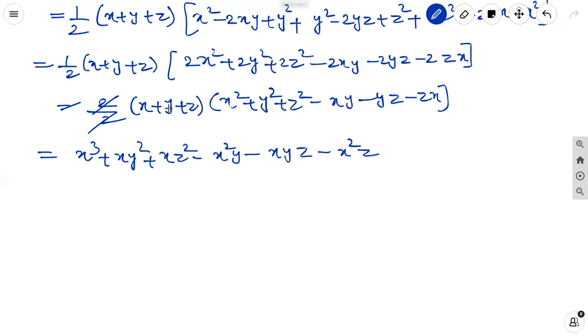Next, multiply with y: y cube, plus yx square, plus yz square, minus xy square, minus y square z, minus xyz.